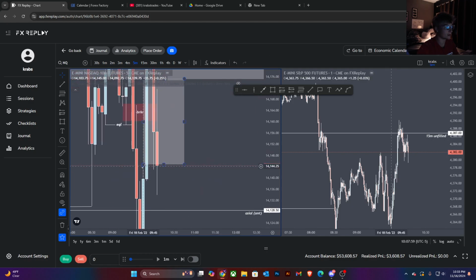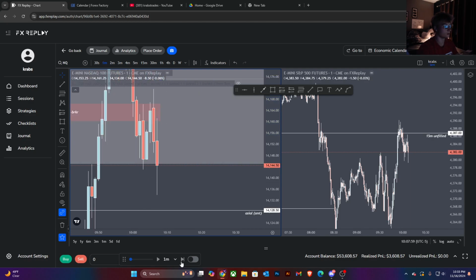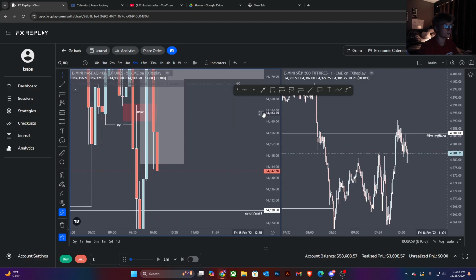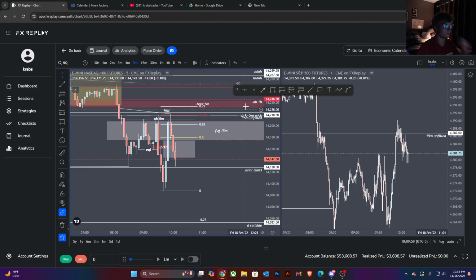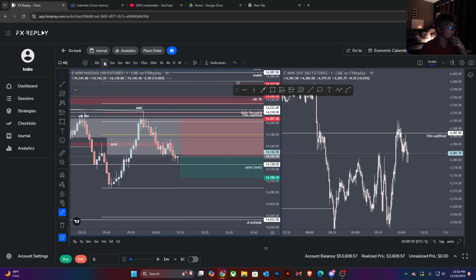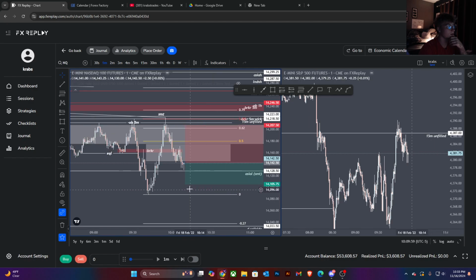Do I want to smack it? 10-10. Does look good. It's just big ass TJR ass stop loss. Bruh. TJR ass stop loss here.